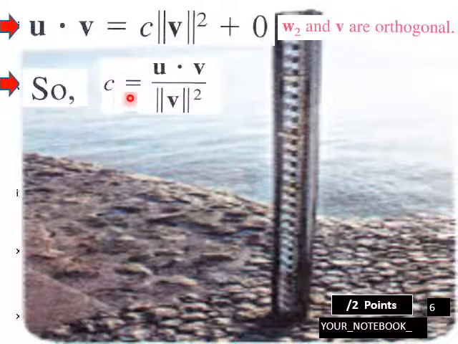So when we solve for C now, isolate C, we move this over here, we get C equals U times V over the magnitude of V squared.